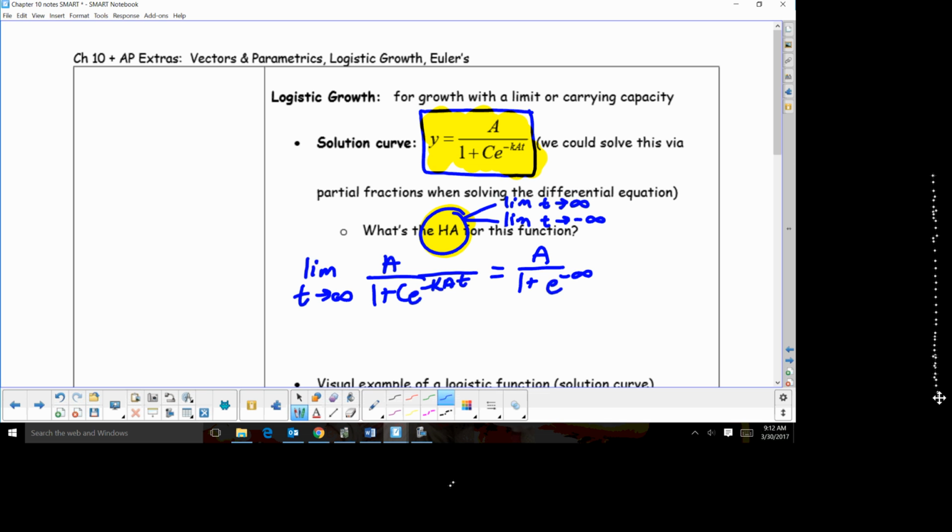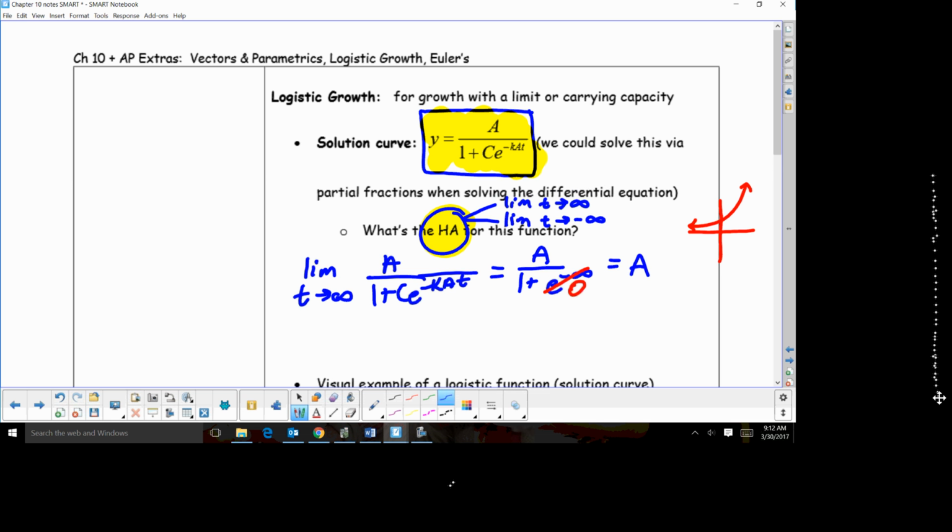And as e goes to negative infinity, what am I getting out? Here's my graph, right, of e. So it is 0, but what does that become as e goes to negative infinity? 0. Yes? So it is just A over 1. Or A.